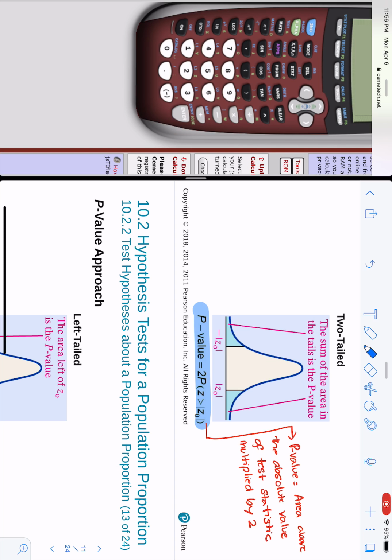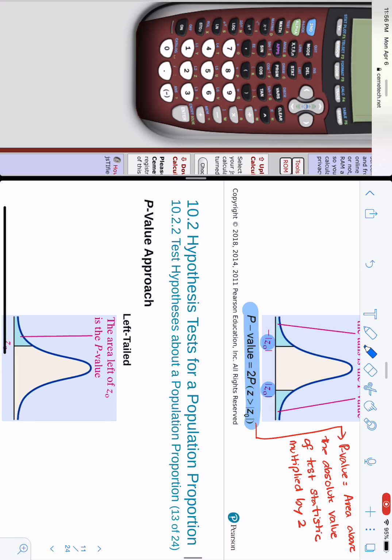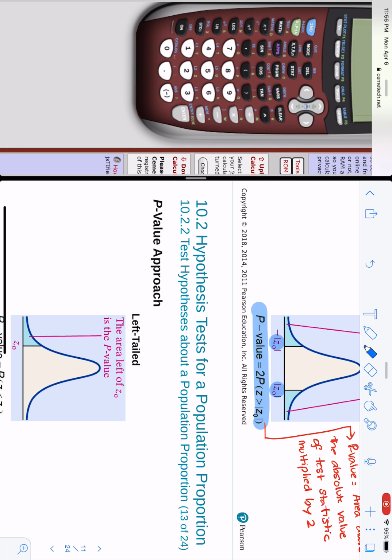So again, the test statistic is that value and that value over there. And you can see that we take the absolute value. And I'm going to show you how to find the p-value using a calculator as well.